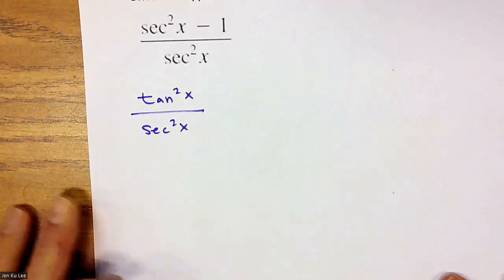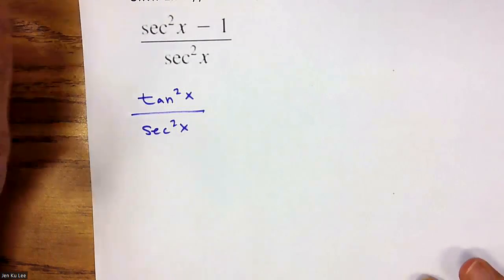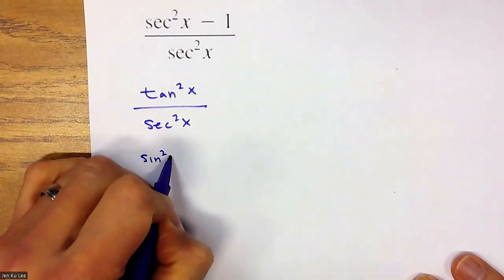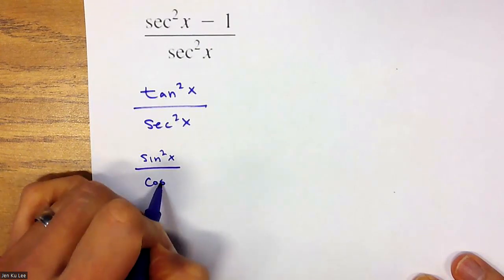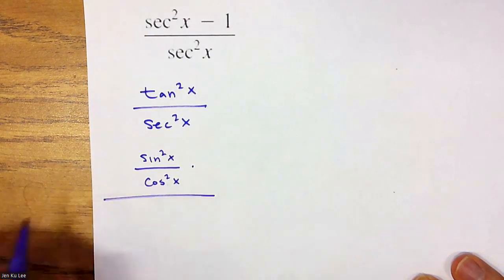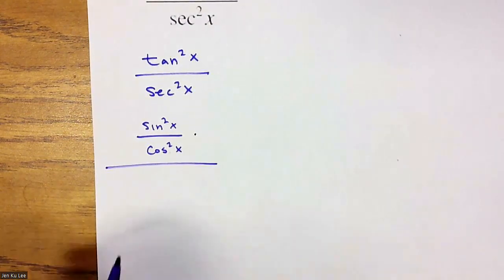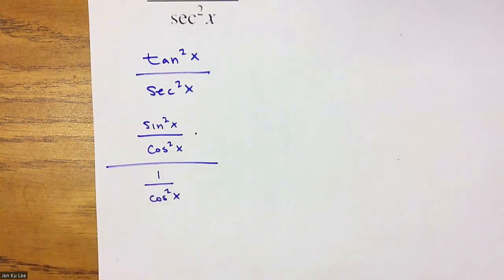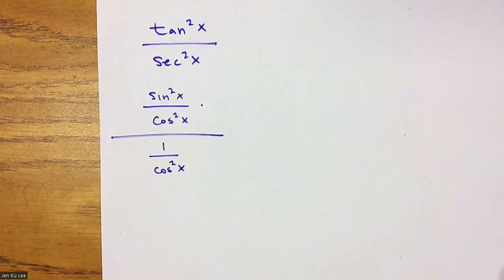And now let's try and turn everything into sine and cosine. Tangent squared would be sine squared x over cosine squared x divided by secant squared x, which is 1 over cosine squared x, right?